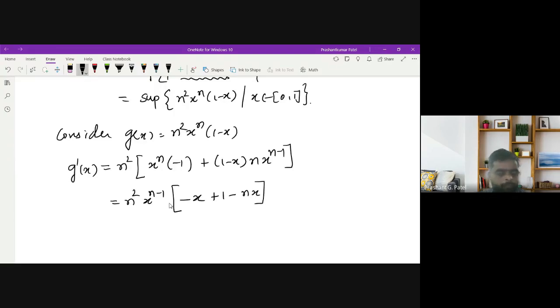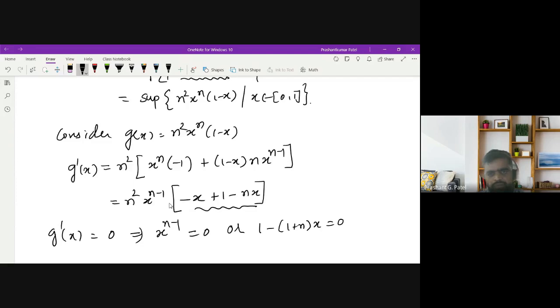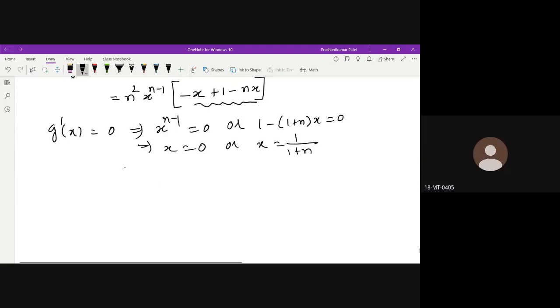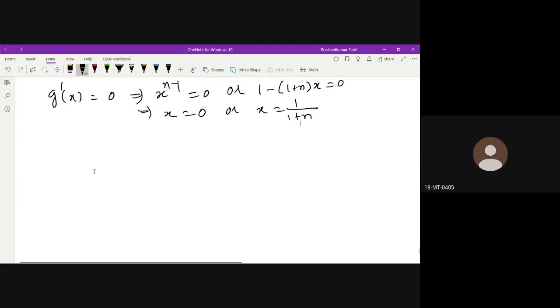Now g dash of x equal to 0 gives you n square will never be 0. So this gives you x power n minus 1 is 0, or 1 minus (1 plus n) x is equal to 0. That comes from this. So this will imply x is 0 or x is equal to 1 upon 1 plus 1 upon n.